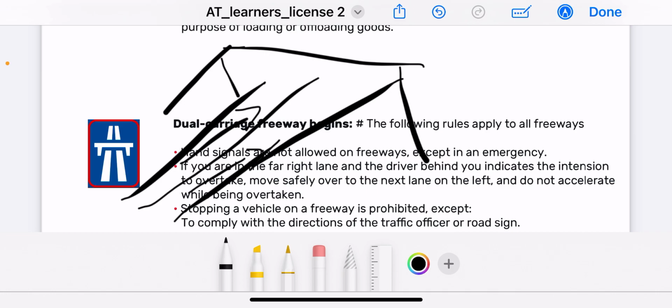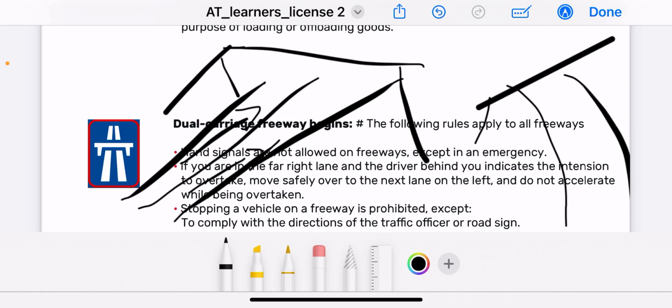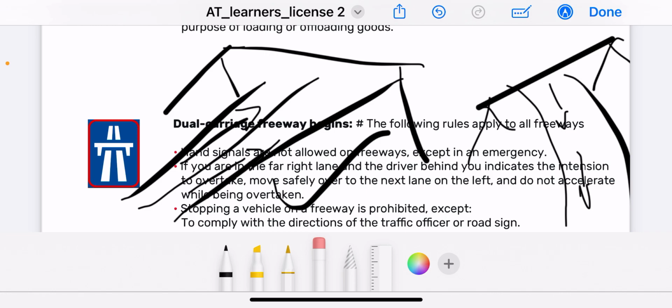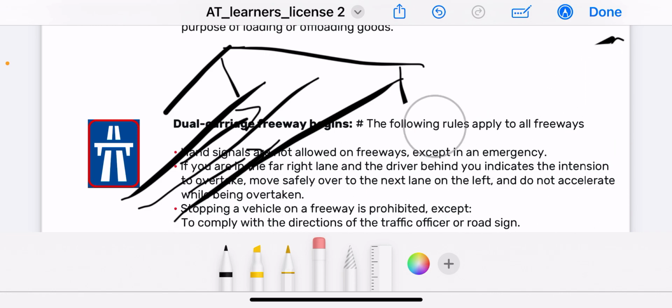You can't see the cars that are coming back. But you find out that there is another road somewhere there. It's still part of the freeway. This is for the cars coming back. So this is single carriage. And then the first one that I drew was the dual carriage freeway.